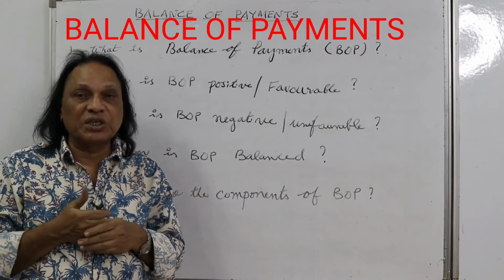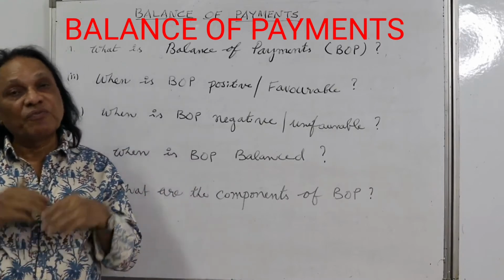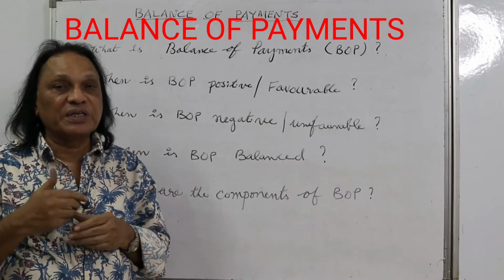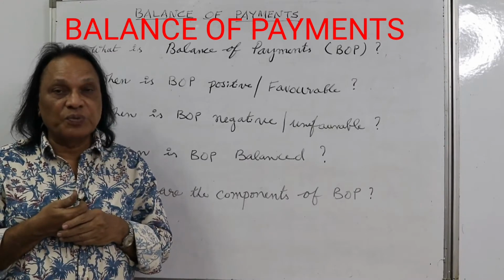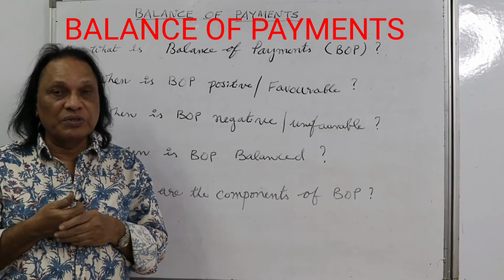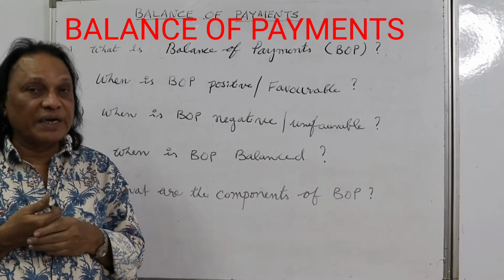It's a systematic statement showing exports, imports of everything a country has with the rest of the world. It does not restrict itself to exports and imports of only visible items or goods. It includes all. We'll discuss what are these items.